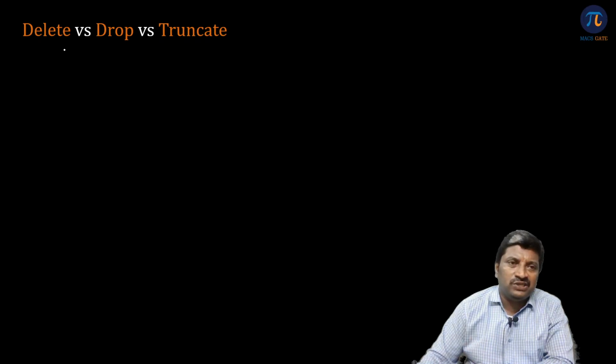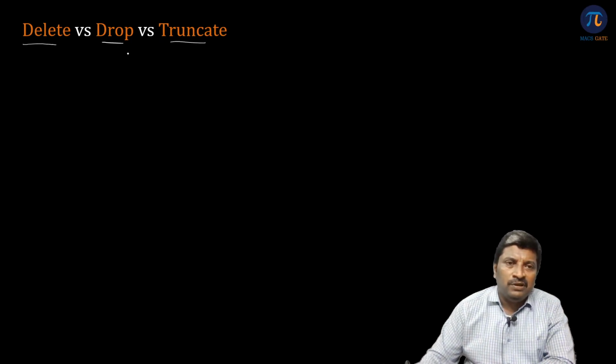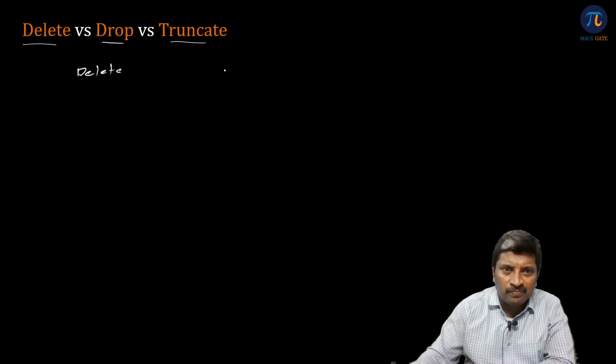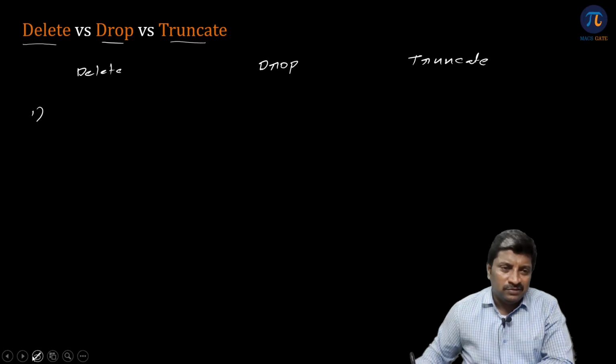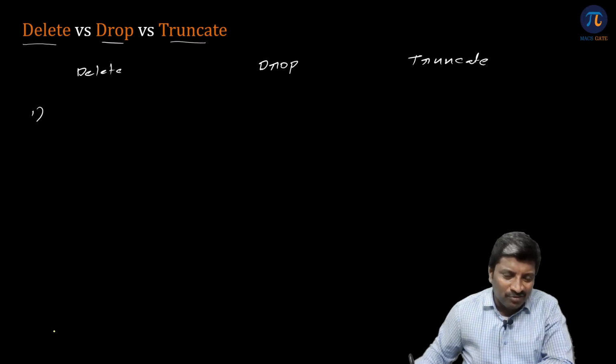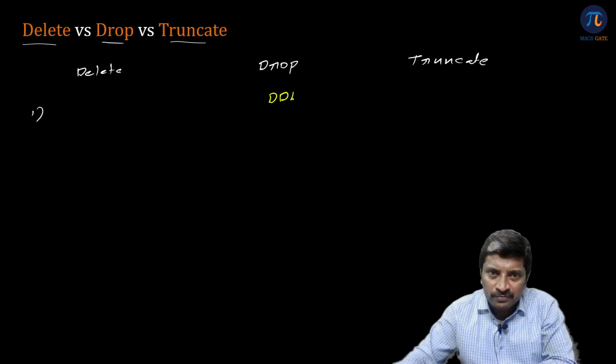Then we have already seen everything, sir. Delete, drop, truncate. We have seen the main difference between these, sir. Okay, let me write it like this: delete, drop, truncate. Right, sir? It is not from an exam point of view, sir; I want to explain very clearly. These two are DDL commands.